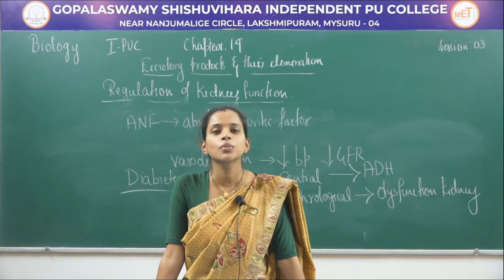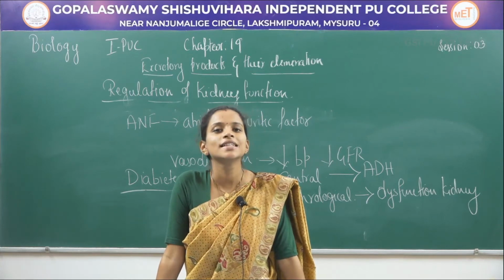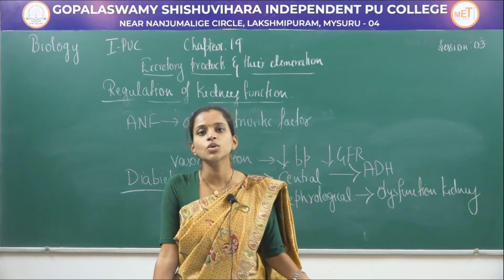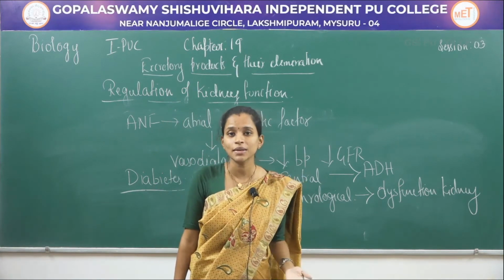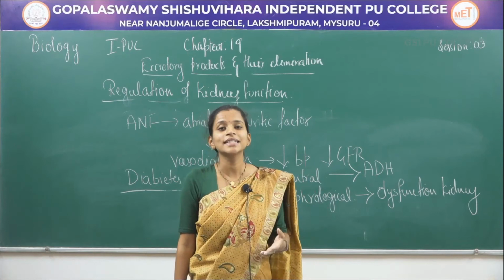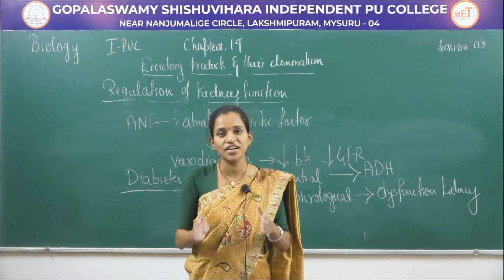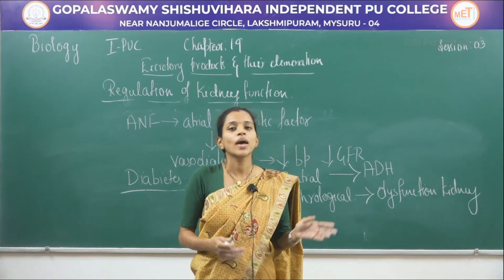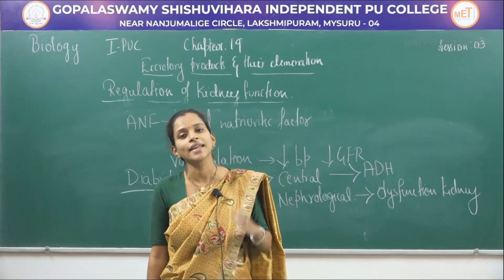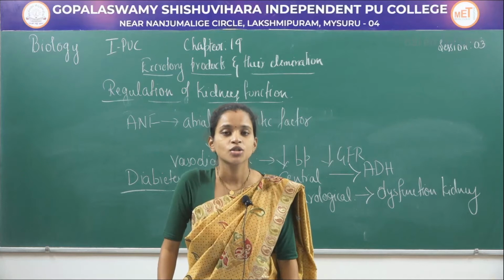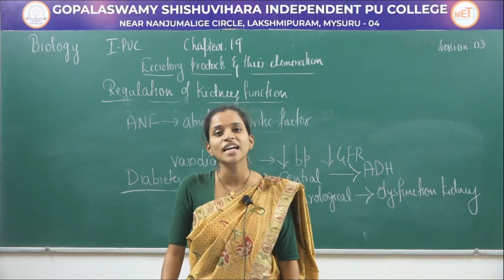The third method is ANF released by the heart. Altogether, the first two methods help in vasoconstriction to increase the blood pressure and to get the GFR, that is glomerular filtrate rate, back to normal, whereas vasodilation leads to reduction in the blood pressure and getting back the GFR. So that is about regulation of the kidney.